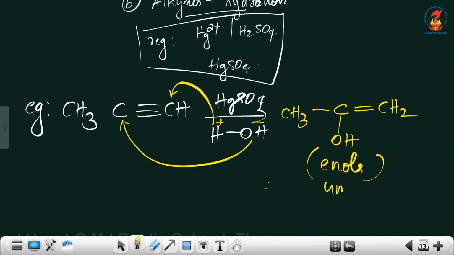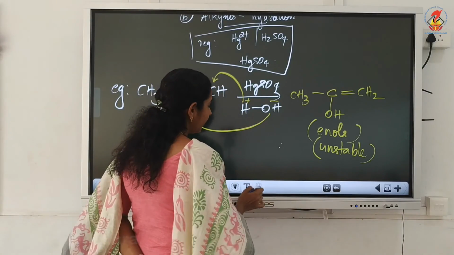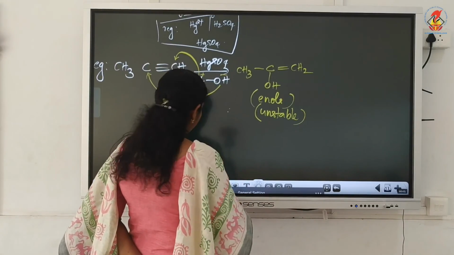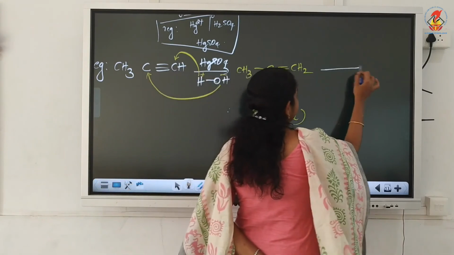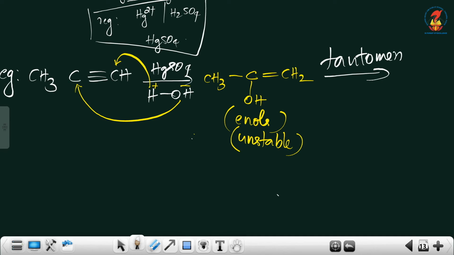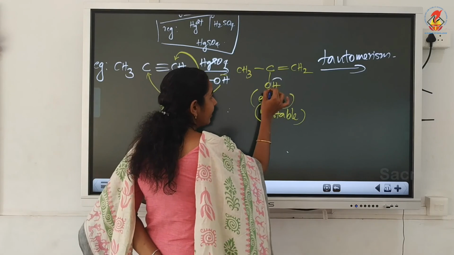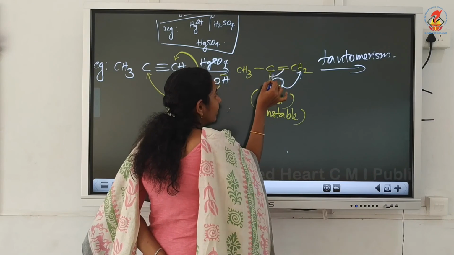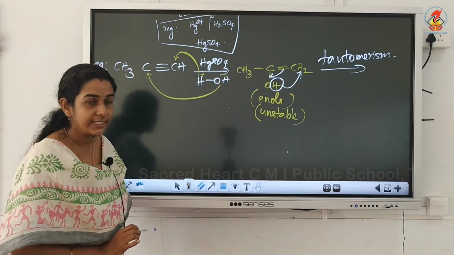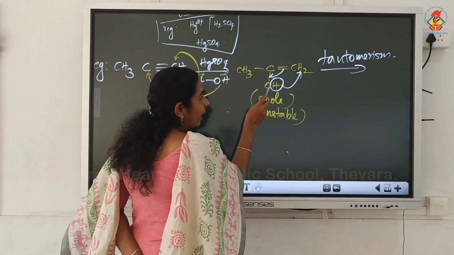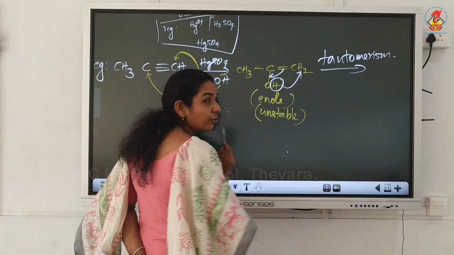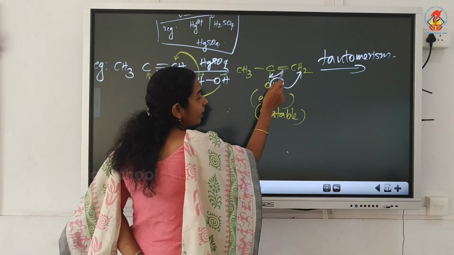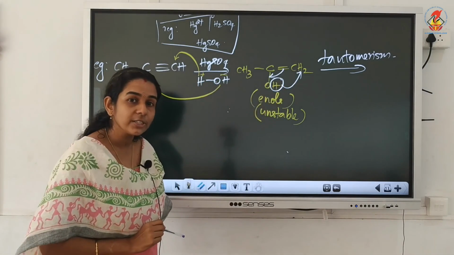Since enols are highly unstable, they undergo, very, very important, tautomerism. What do you mean by tautomerism? Very simple. This hydrogen will be shifted to here and this double bond will be shifted to here. Hope the shifting is clear to you. From the OH group of the enol, hydrogen will be shifted to the double bonded carbon and the double bond will be shifted to the carbon-oxygen bond.